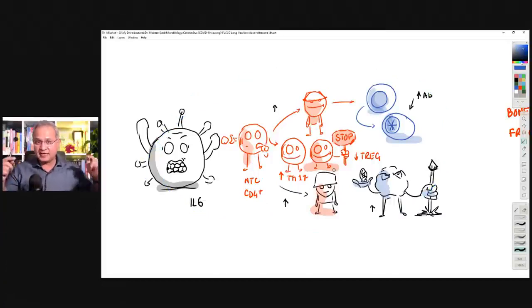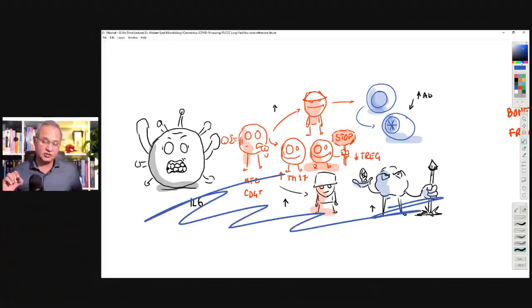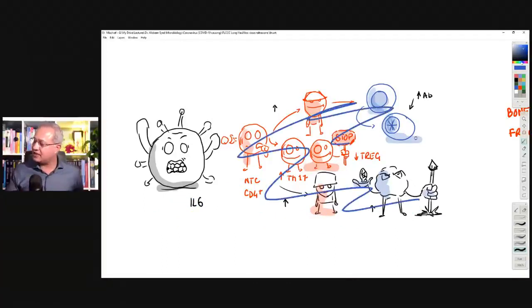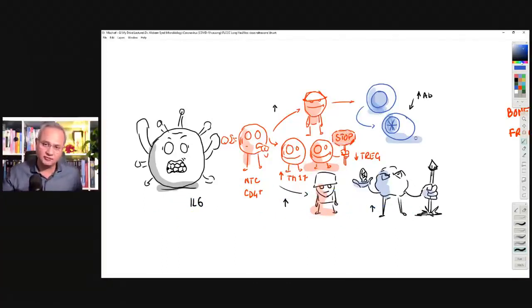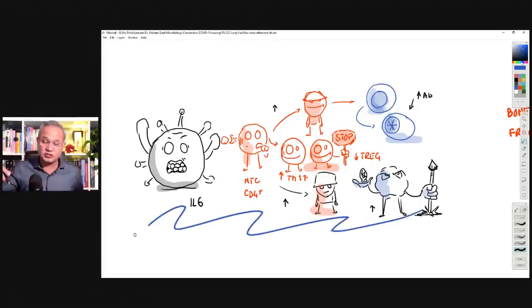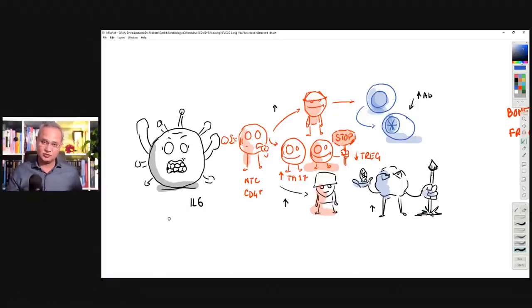As a result of continuous activity, this system is going to cause damage to the surrounding cells. Plus, the majority of the cells here are going to start producing interleukin 6. Plus, the damaged tissue cells have interleukin 6 in them, so when they get damaged, they release interleukin 6.